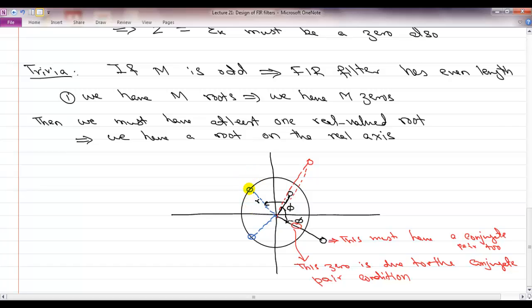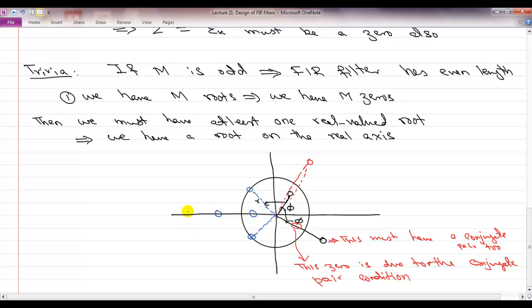So if I have a 0 on the unit circle, and I give you 1 0, you know about one other 0 location. And similarly, if I have a 0 on the real axis, for example, if I have a 0 here, now this is a real valued 0, so it's not going to have any conjugation, but because of the linear phase condition, you are going to get another 0 at 1 over r.